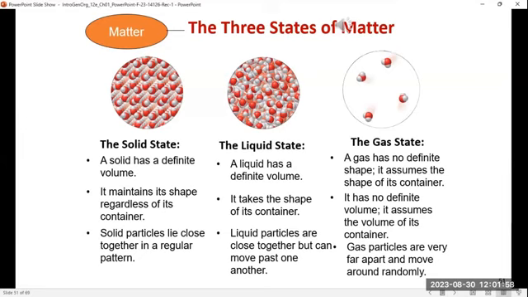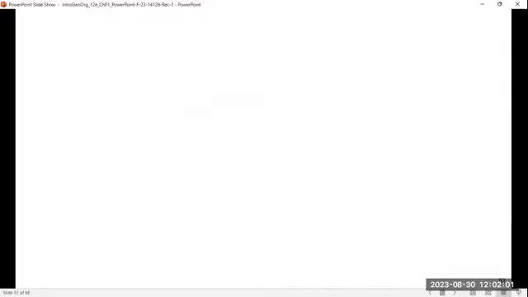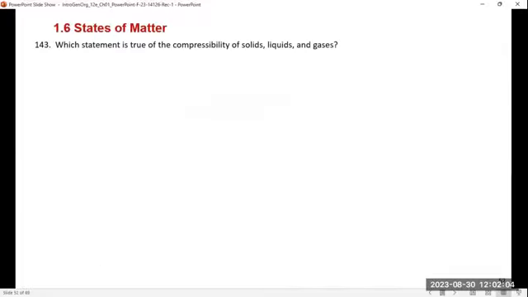Let's answer some questions on states of matter. Which statement is true of the compressibility of a solid, liquid, and gas? Compressibility is whether you can change the volume. You already know gases are the only ones that can be compressed. But solids and liquids are kind of tricky. Solids and liquids are not compressible. Liquids are more compressible than gas.